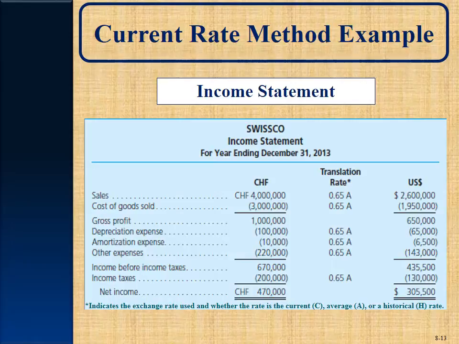And you continue to do that process. So when all is said and done, net income in US dollars for the Swiss subsidiary would be $305,500. Remember, we're using the average rate throughout the year when we translate an income statement at the current rate method, because the functional currency is the foreign currency.